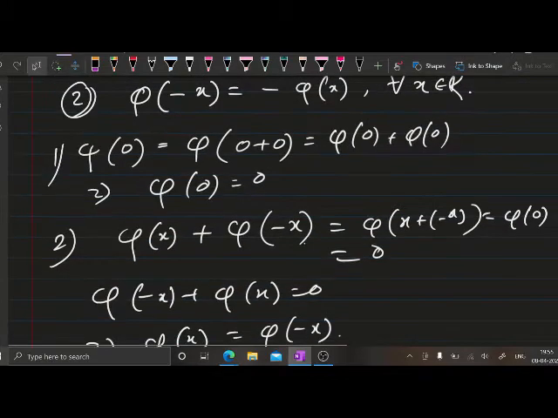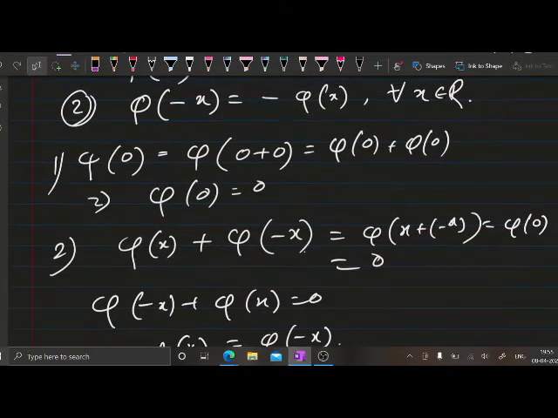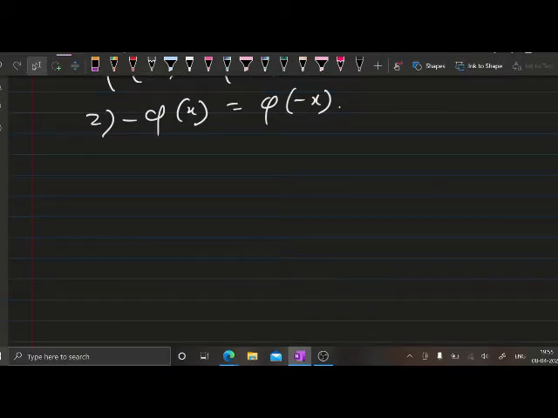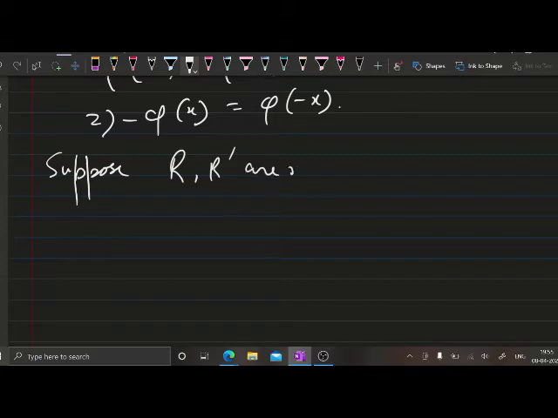Now one may be tempted to prove that, suppose you consider R and R dash, rings with unity 1R and 1R dash respectively.